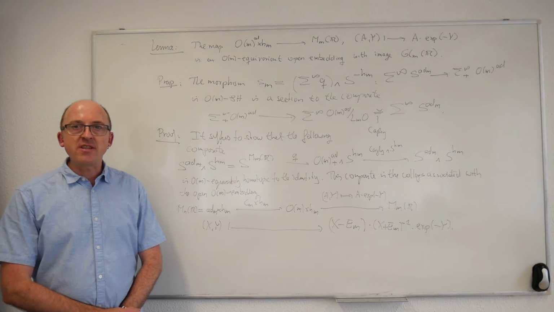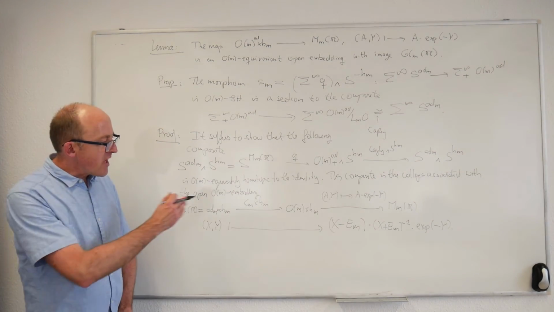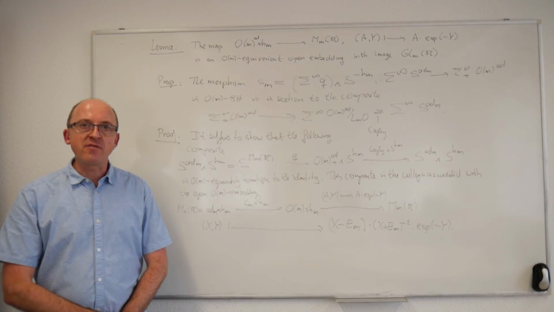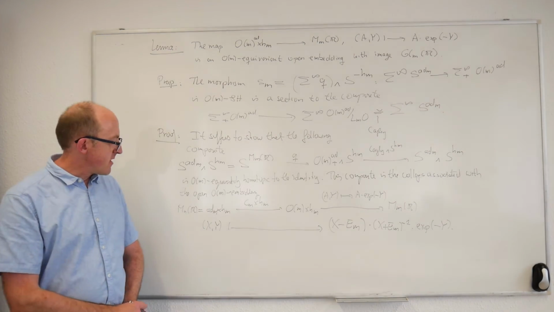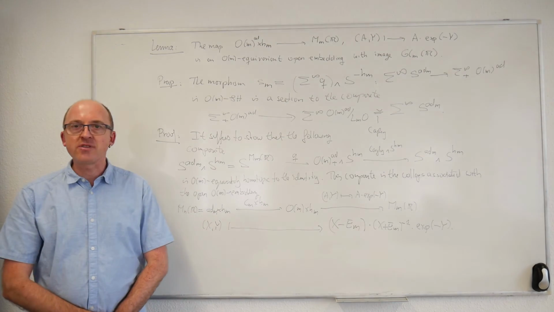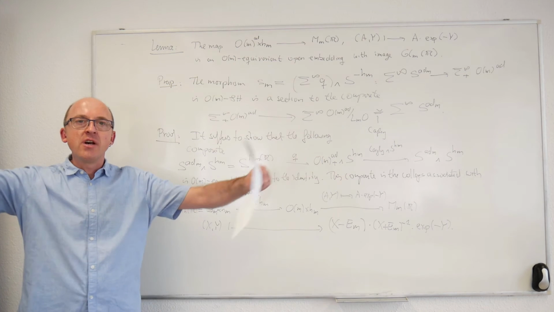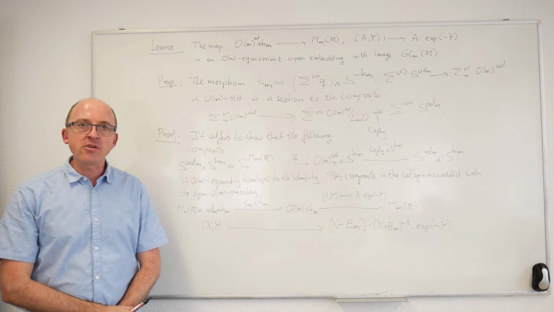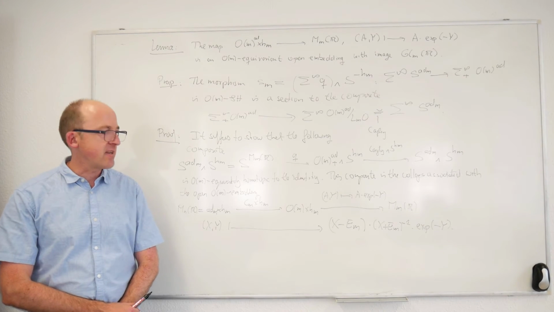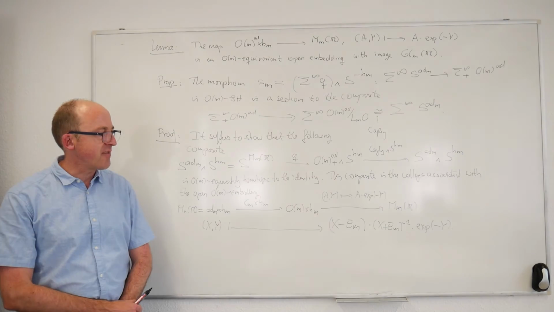But what will save us now is that we only have to identify the differential of this open embedding at the point 0, 0, and then because everything is smooth here, we can expand this map around the point 0, 0 by scaling, and then it's going to be homotopic to the linear map given by the differential at 0, 0, and this we can identify.